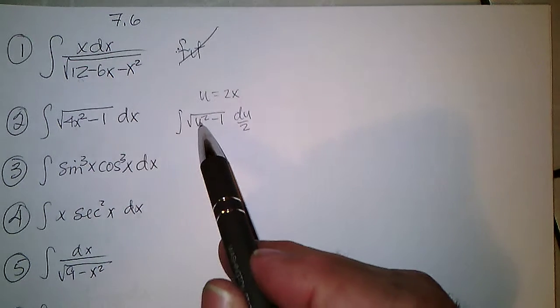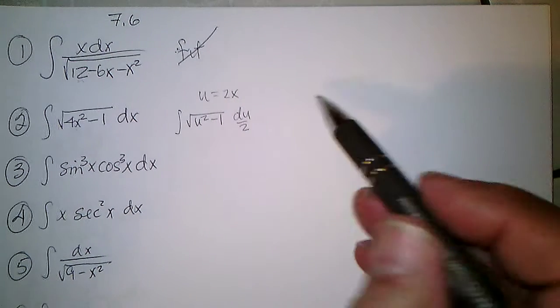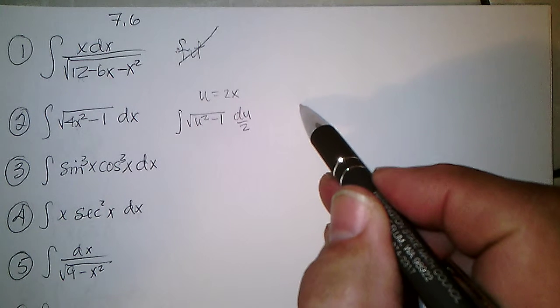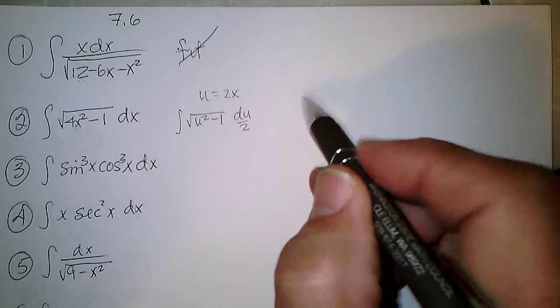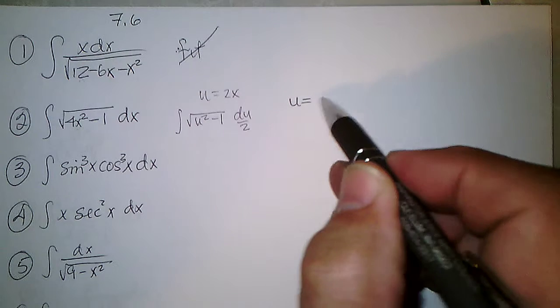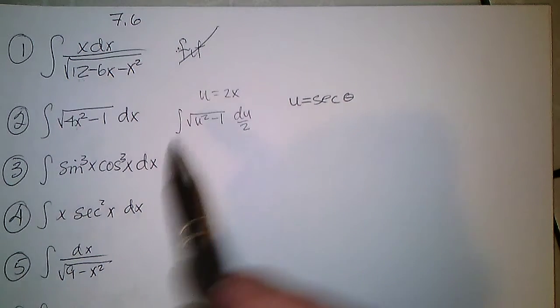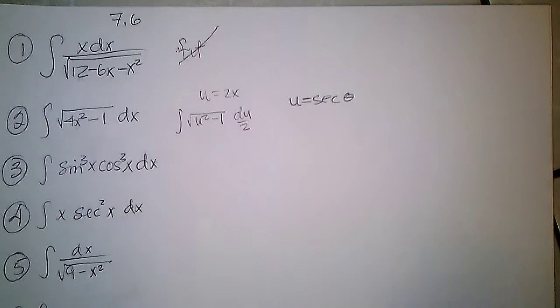And when you've got the square root of u squared minus 1, that's the secant substitution. So you would use u equals the secant of theta and work with that one. That's a trig substitution.